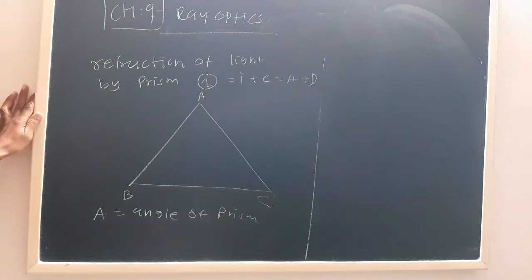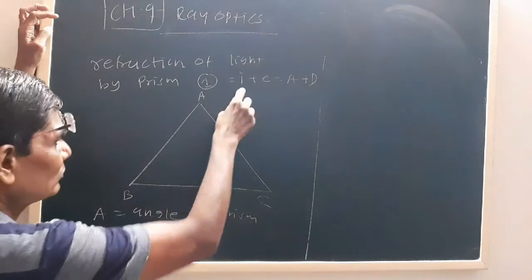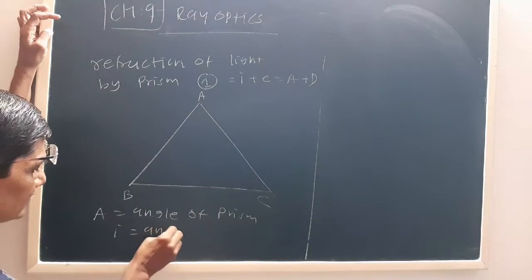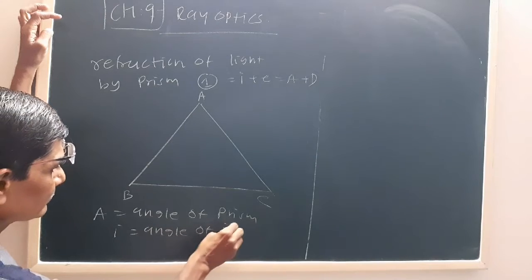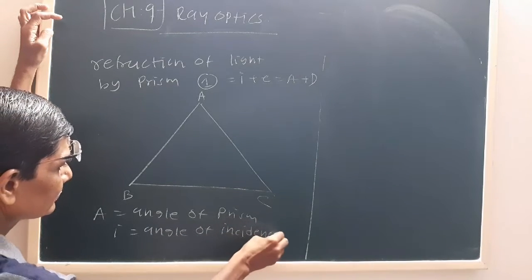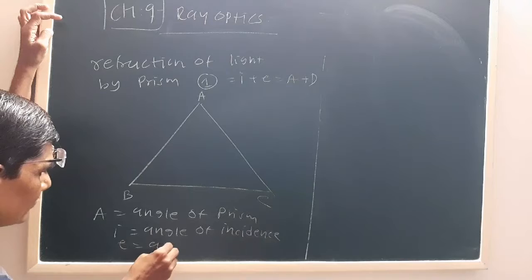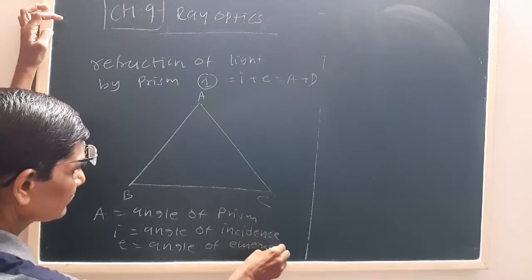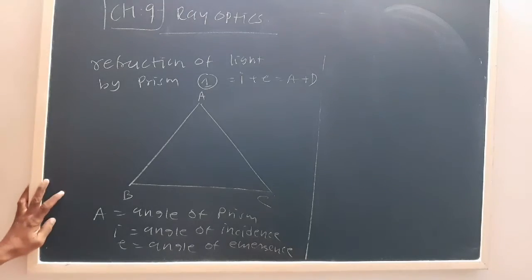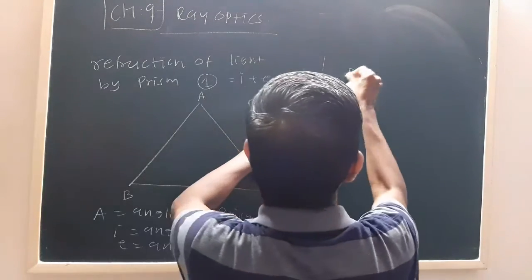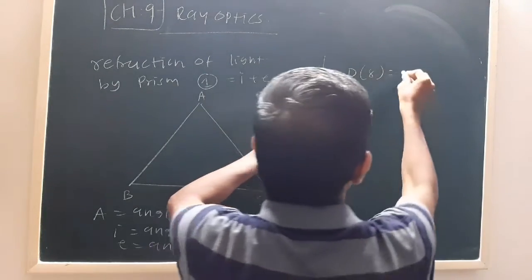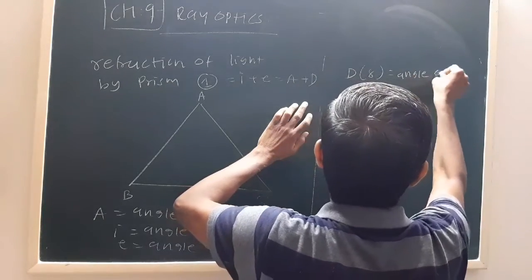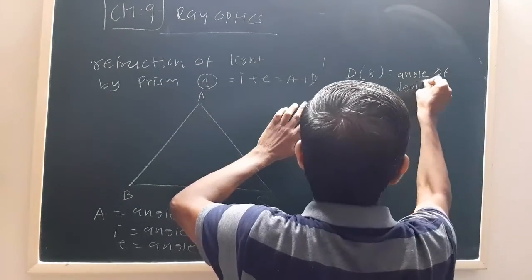Now what is the terminology that we have to see. I is angle of incidence, E is angle of emergence, A is angle of prism, and D, sometimes they show by delta, that is angle of deviation.